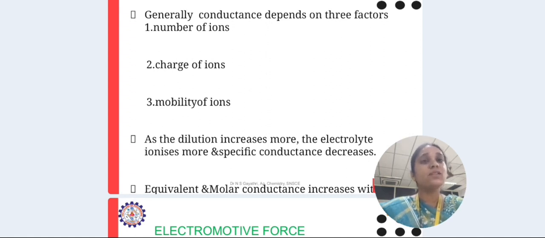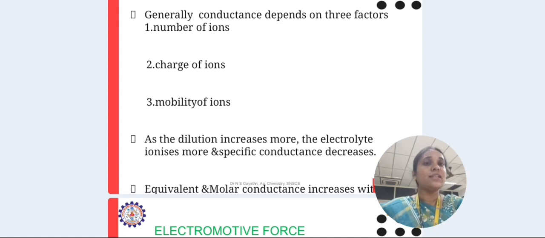As the dilution increases more, the electrolyte ionizes more and the specific conductance decreases, and the molar and equivalent conductance increases with the dilution increases, but the specific conductance alone decreases while dilution increases.